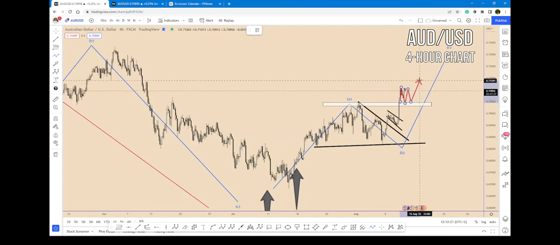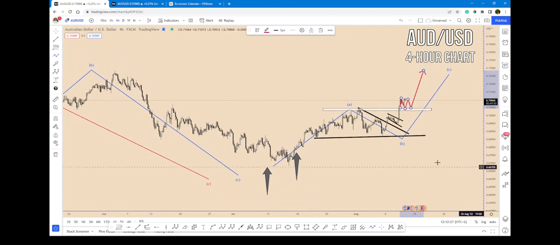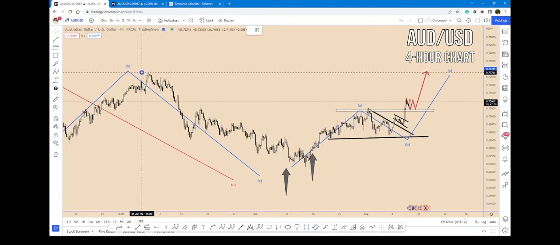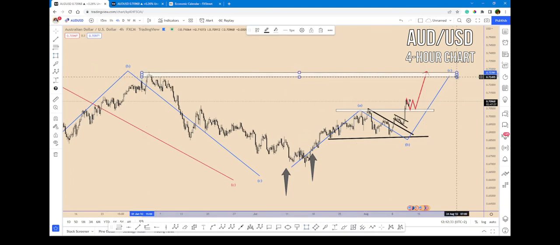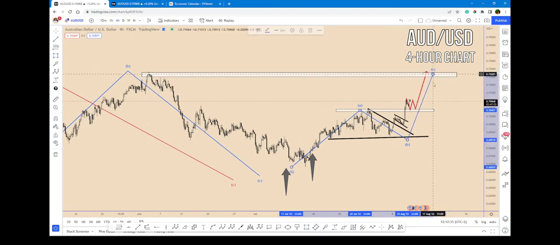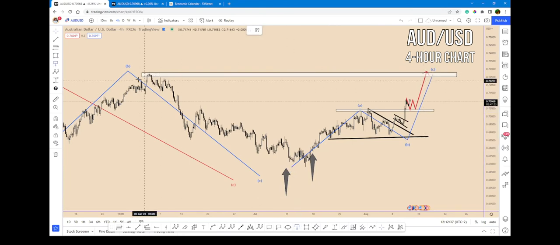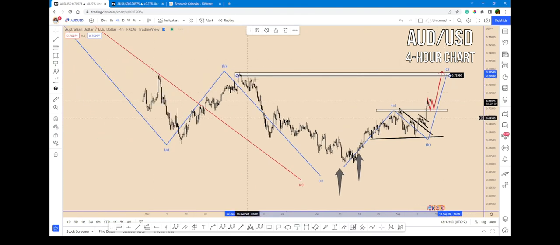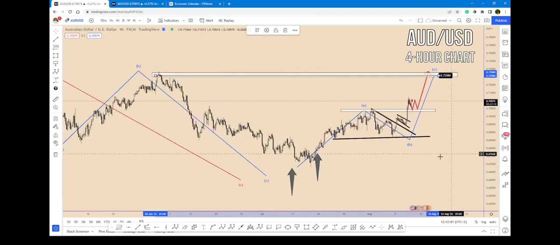It is in line with Euro USD that I explained in the previous analysis, and this is the potential movement that I'm actually expecting for Australian dollar and US dollar. In my opinion, this should be the maximum expectation for the short term. I don't see any reason for the price to keep moving higher.